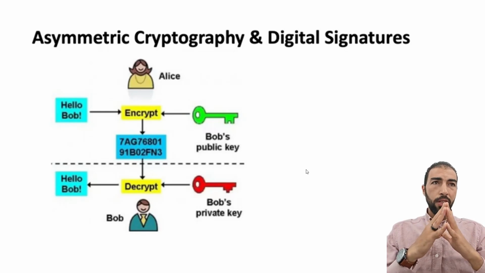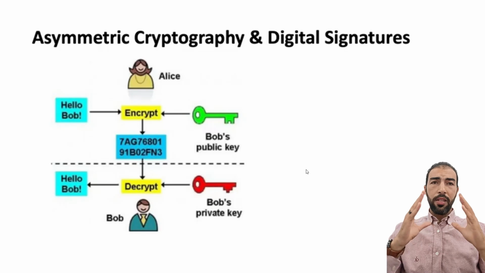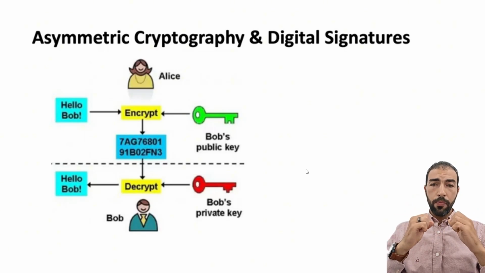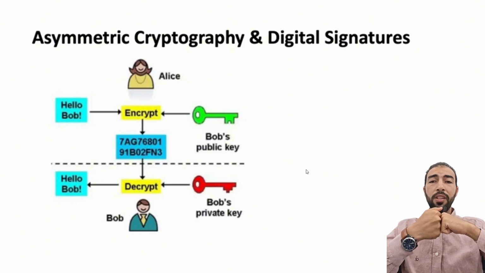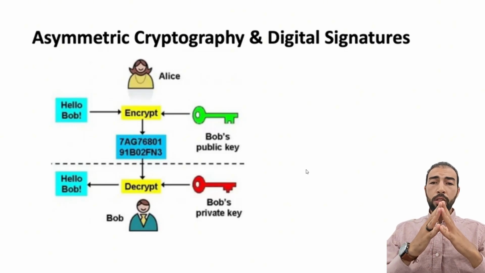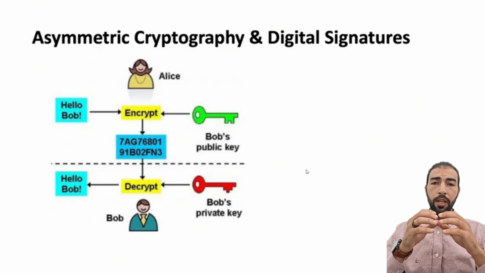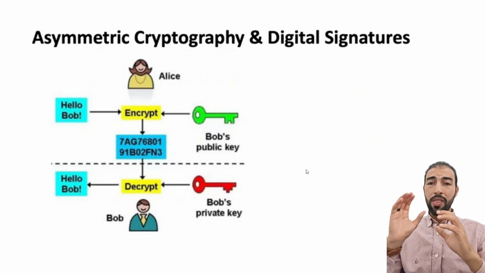Asymmetric cryptography and digital signature. What is that exactly? When you are making any encryption, you have a public key and a private key, which both work together to understand what is encrypted. For example, I can tell any of my friends, I will write this message in this way.